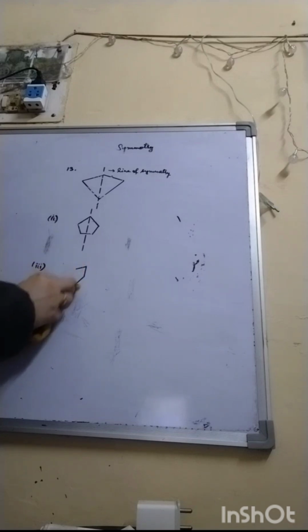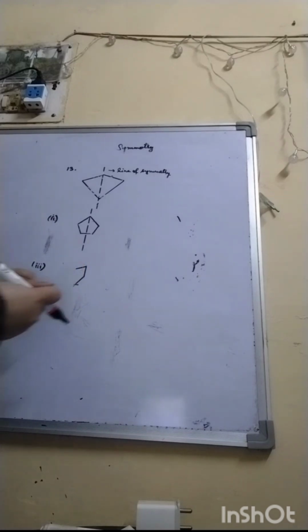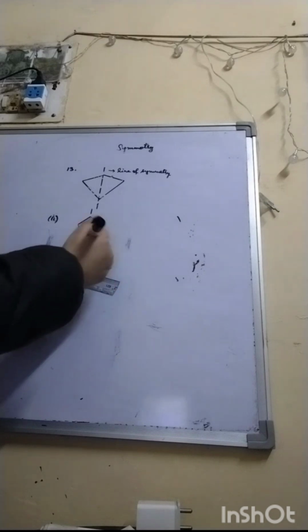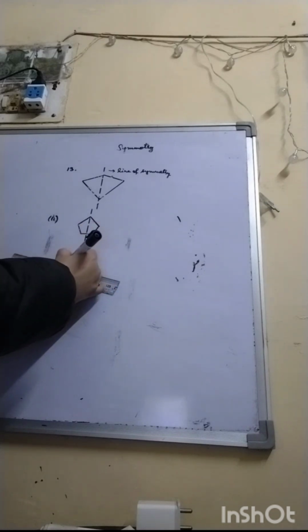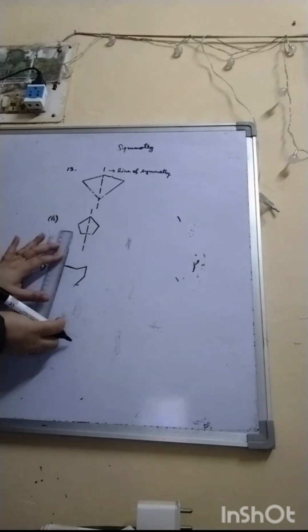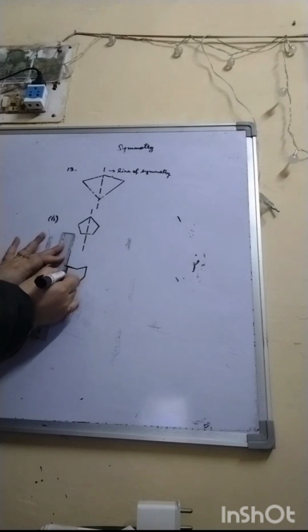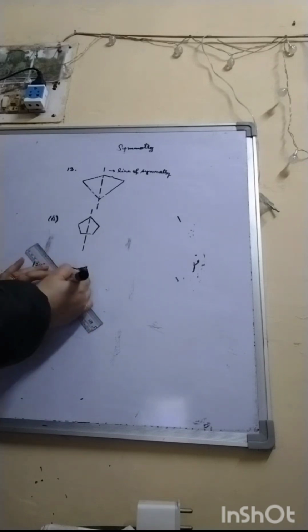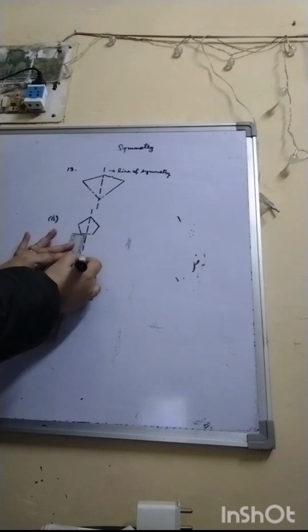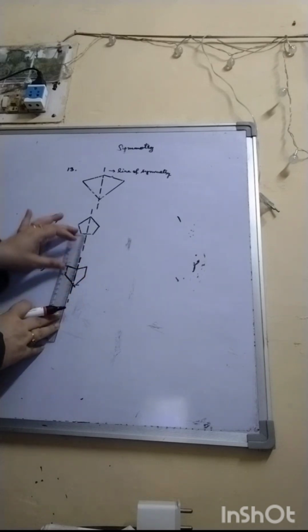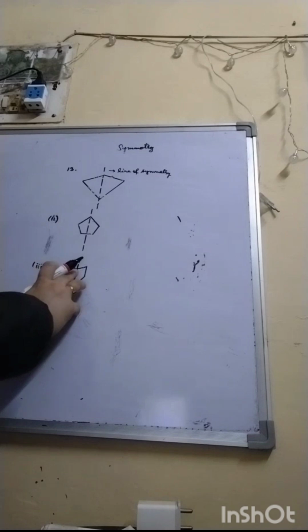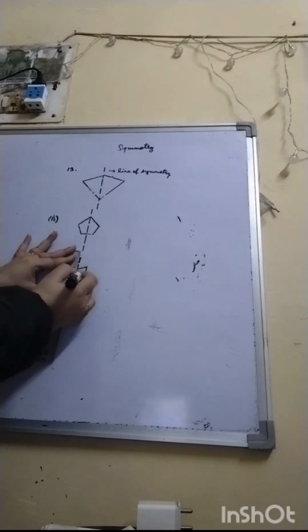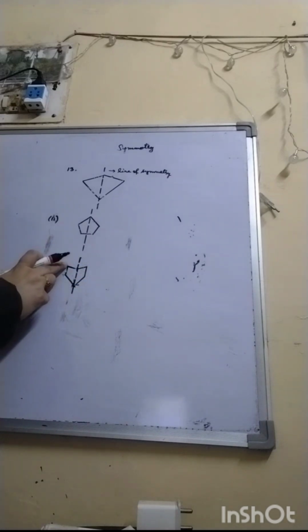Let's draw it again. First you will draw, then the vertical line, and then complete the figure like this. Your line of symmetry would be this one. So this is the figure completed.